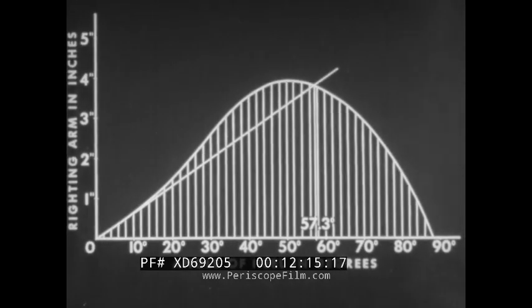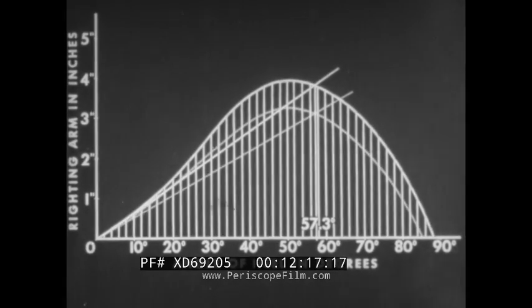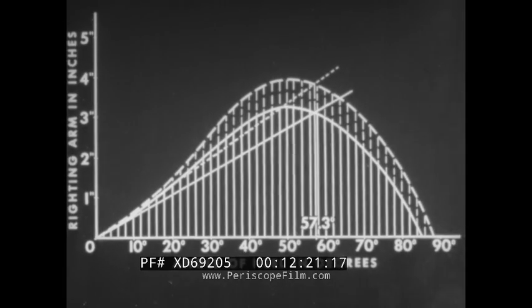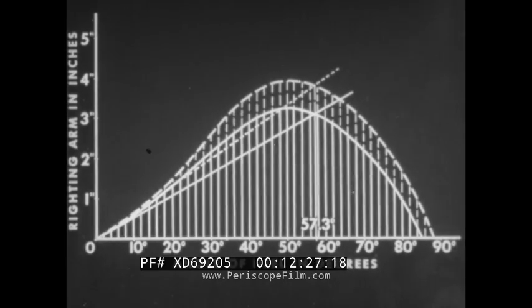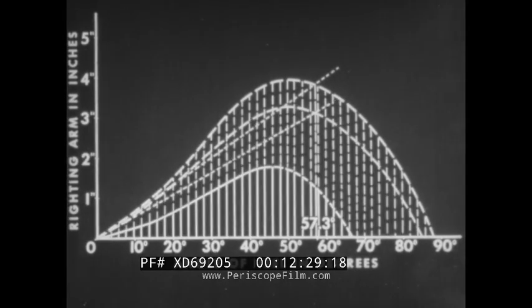But we also know that the free surface effect reduces the righting arms at every angle of heel. And since the free communication effect increases the virtual rise of G still further, the loss in each righting arm should be proportionately greater.